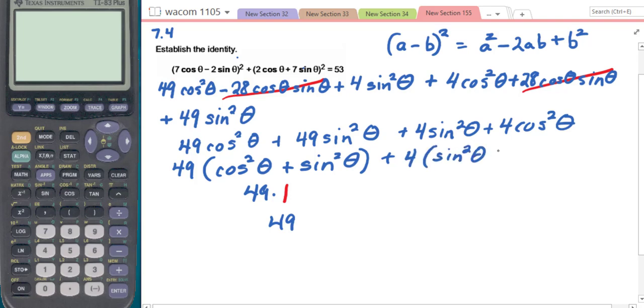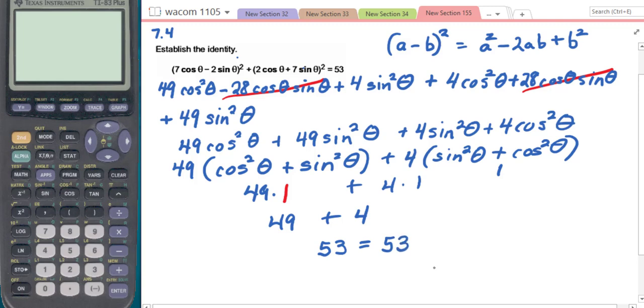So 4 times sine squared theta plus cosine squared theta. Again, we can use the Pythagorean identity. This is going to equal 1. So we have 4 times 1, and that gives us 4, which will give us a 53 on the left-hand side equals 53.